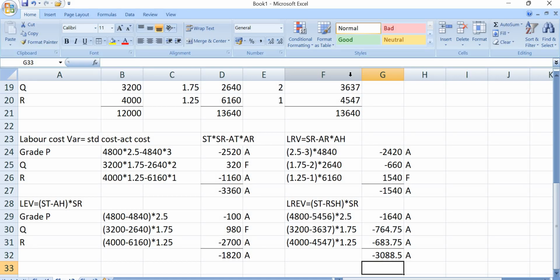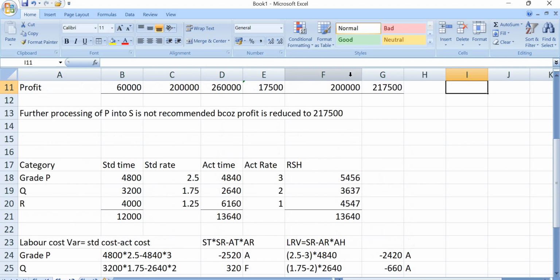So now we need to calculate labor mix variance. Labor mix variance is very easy. We already calculated standard hours and RSH, right? Now we need to calculate RSH and actual hours.